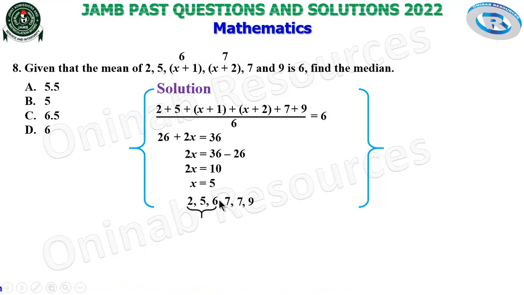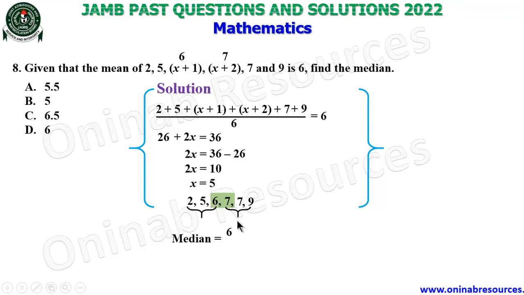And there are 3 to this side, 3 to the other side. So the middle numbers are 6 and 7. So to find the median, we just add 6 plus 7 divided by 2, and that gives 6.5, which gives option C. And that's all for problem 8.